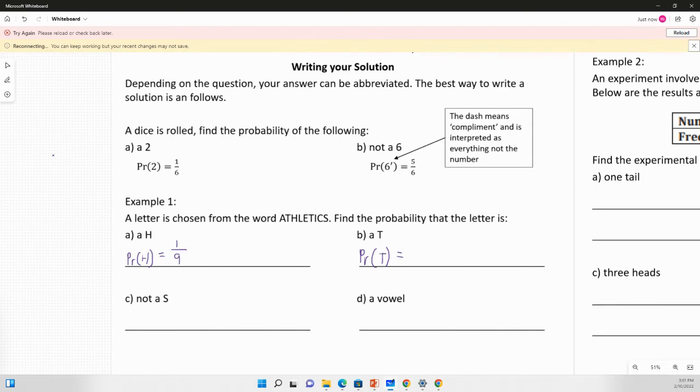So we have 2 T's in athletics. So if you pick a random letter from this word, there are 2 possible outcomes that will give us a T. And then before, as we realized, there were 9 different options. So our sample space is still 9.